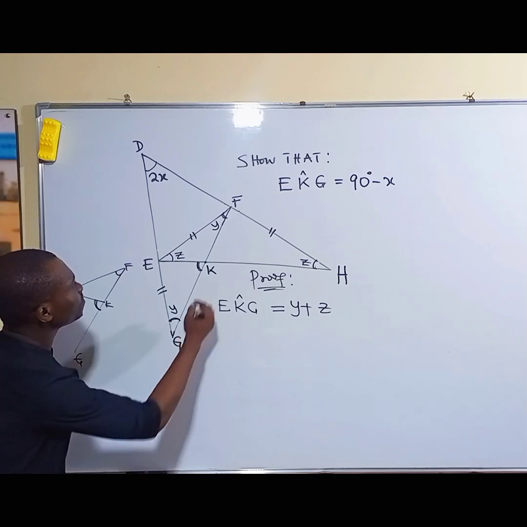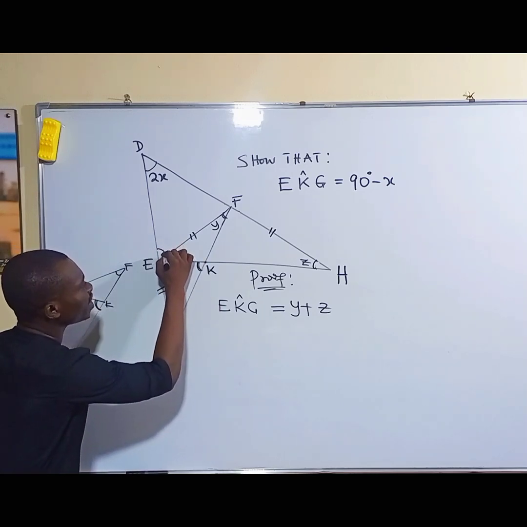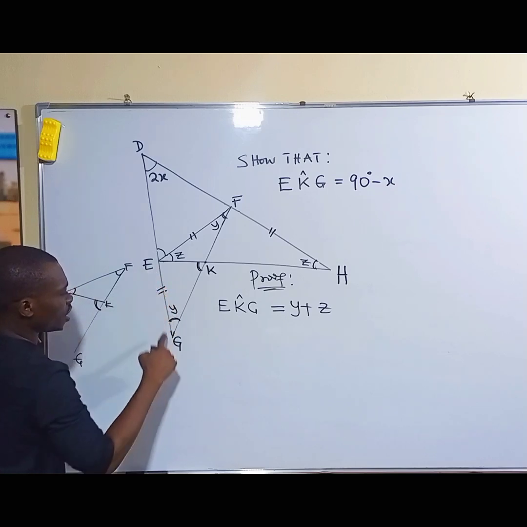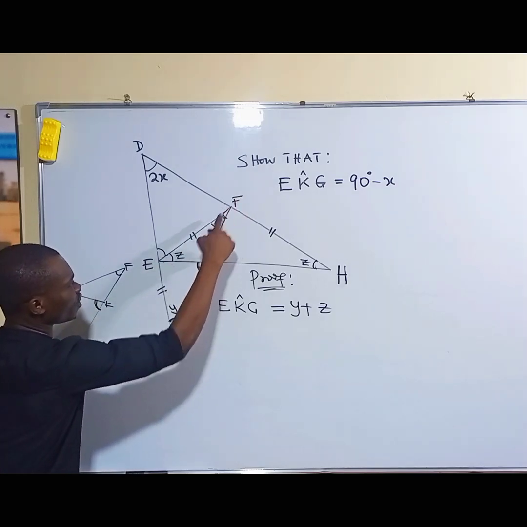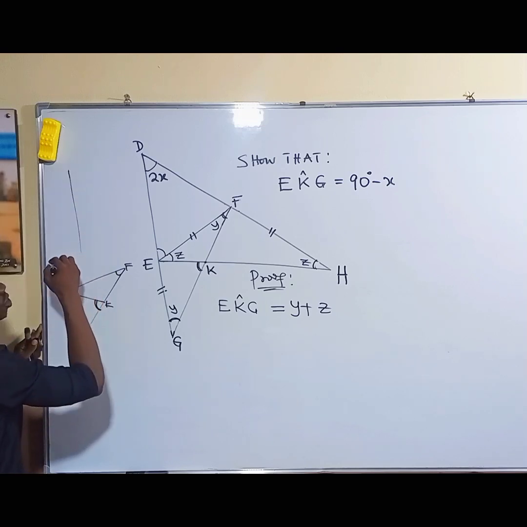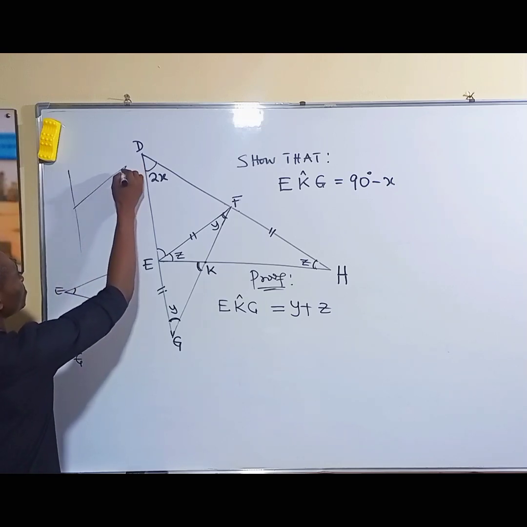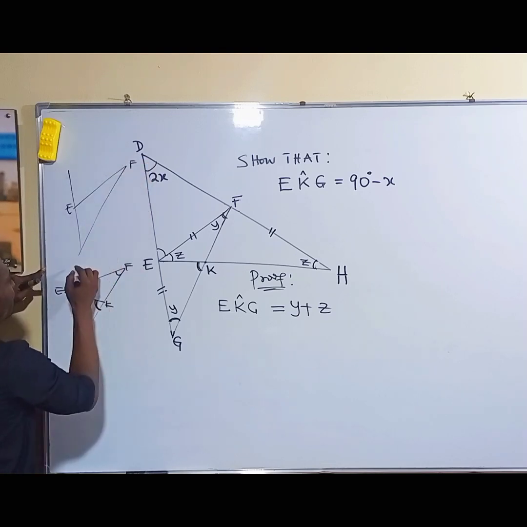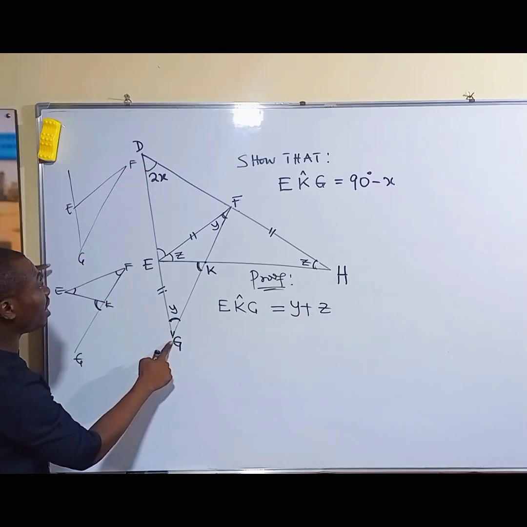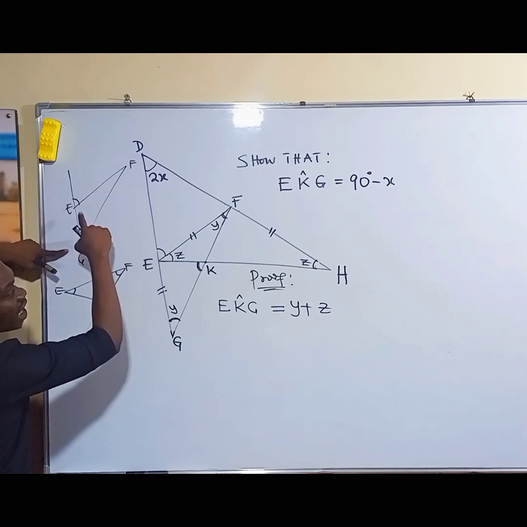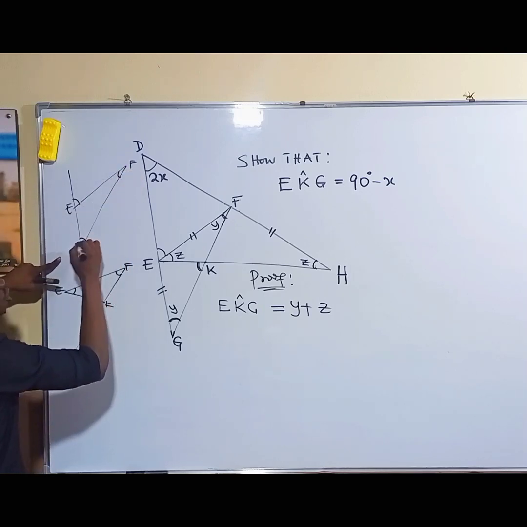Now watch this. The angle here is external to triangle EFG. If I reproduce that diagram here, it's something like this. This is my E, this is my F, and this is my G. I'm talking about down here. This angle here is external to the triangle, so it must be equal to these two.